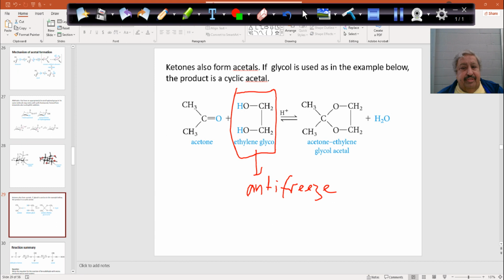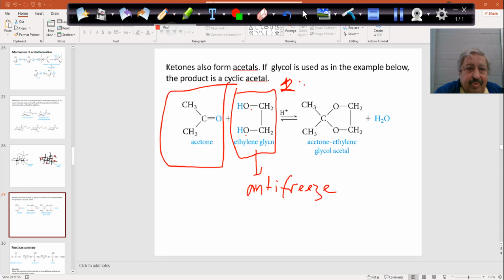So this is ethylene glycol, and you add a ketone to it. The same thing. That's an alcohol, the same one. This is what it is. How many alcohols do we have here, one or two? Two alcohols, correct?